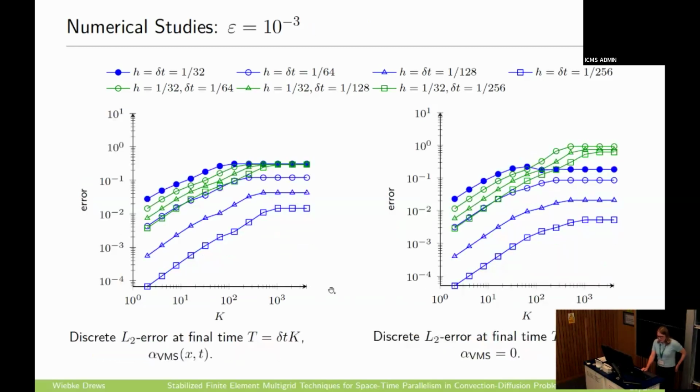Yeah, this is the last thing, some errors. We compare the error with stabilization and without stabilization, the discrete and true error at the final time. This is just to show that the error doesn't really rise that much, or it's even lower than in the stabilized case.